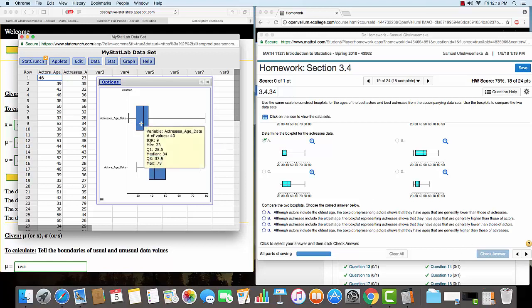Yes, that's true. The only age that is greater is the maximum of 79, and here maximum is 76. But the rest of it, 29, 38, 42, 50, and this is 23, 28.5, 34, 37.5. So yeah, C is true.